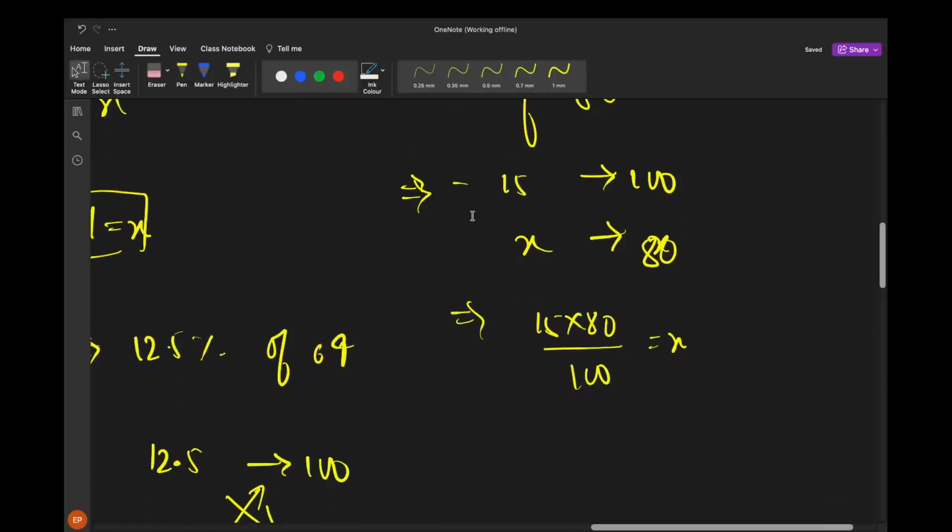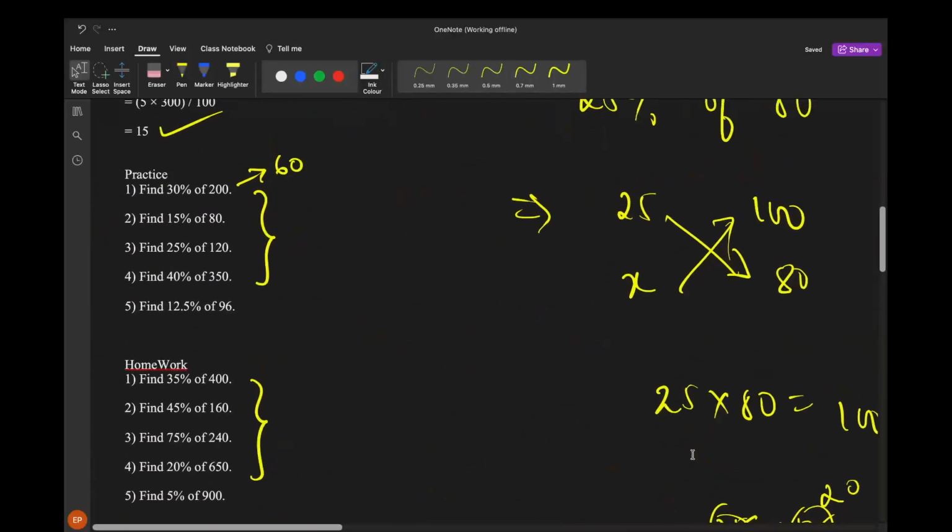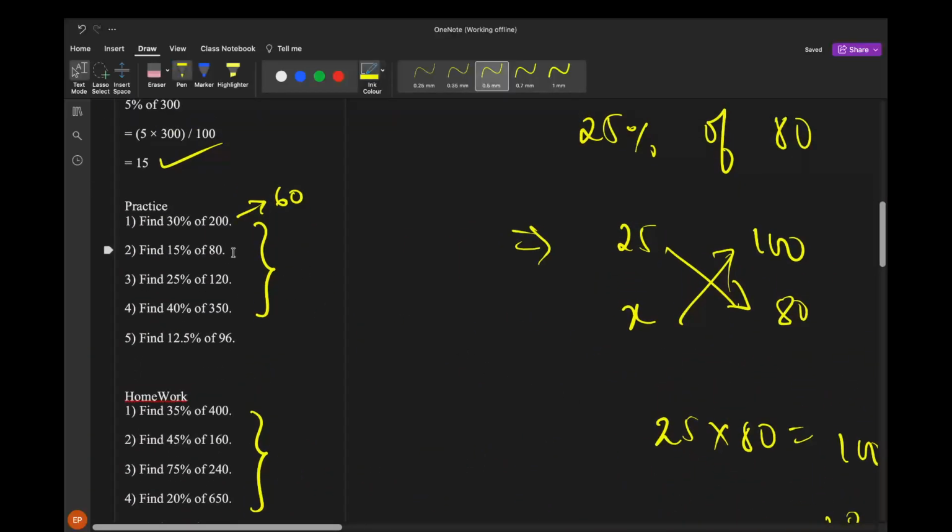Directly I am writing this equal to these two multiplication divided by this one. If you practice, you will automatically come to know what I am writing. Okay, the 1 0 and 1 0 cancel, 15 eights are 120, divided by 10, which gives us 12. So 15% of 80 is 12.